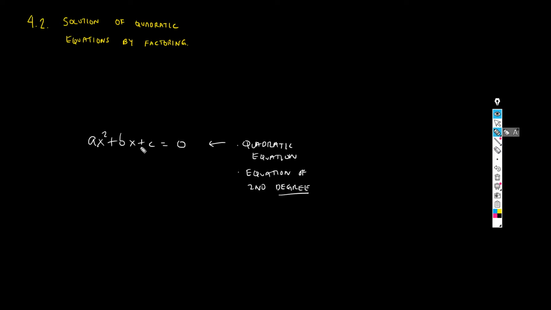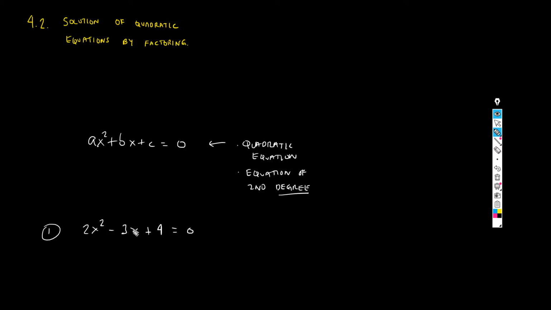If you find an equation of second degree with all these terms appearing, for example, let me give you an example. What about this? 2x squared minus 3x plus 4 equals 0.